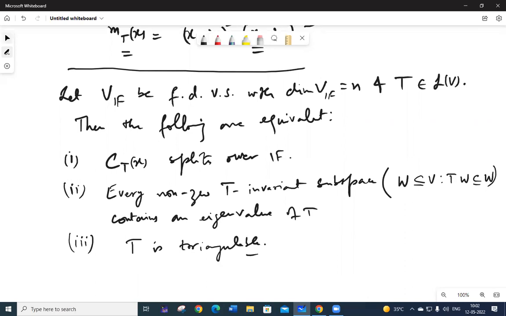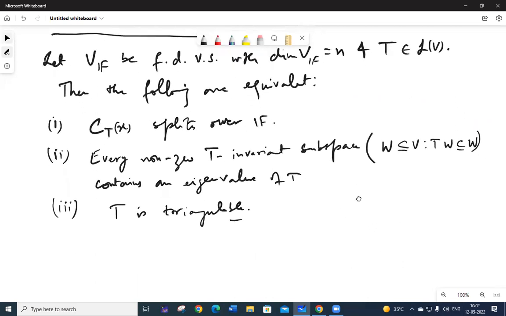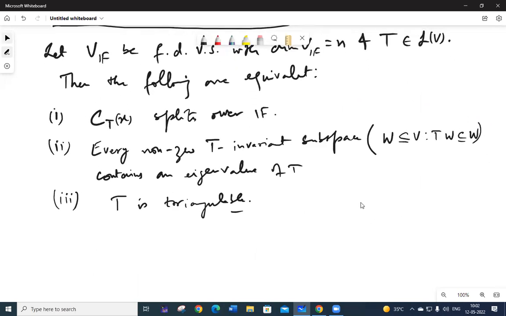In this case, T will be triangulable. It is not diagonalizable now. If it is not diagonalizable, but this happens to be true, then T is triangulable.